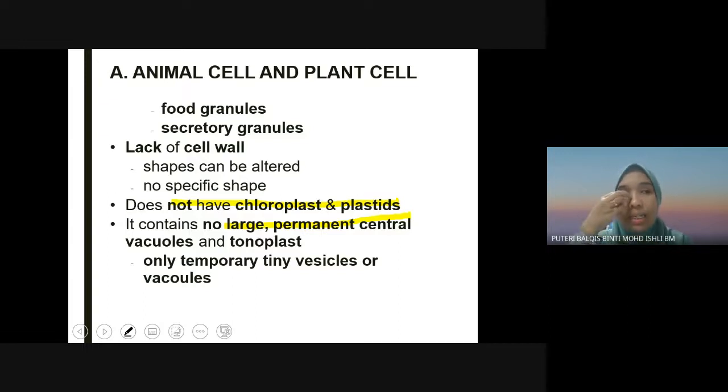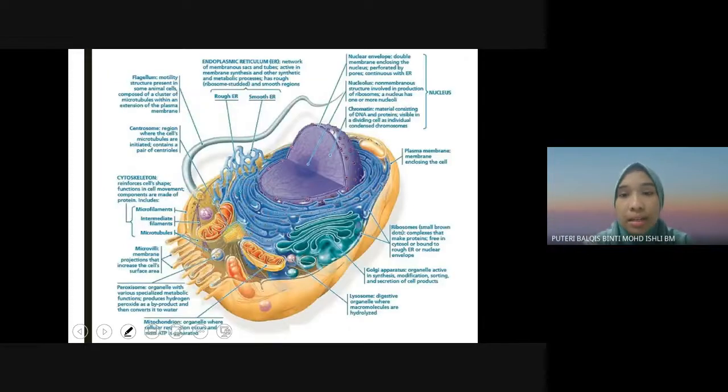So dia tak ada vacuole yang permanent. Macam plant cell vacuole dia permanent, besar, and then ada tonoplast. For animal cell, only temporary tiny vesicles or vacuole. Animal cell awal je ada tiny vesicle ataupun vacuole. As it grows up, as it become larger, dah tak ada benda tu. Okay. And this is animal cell.